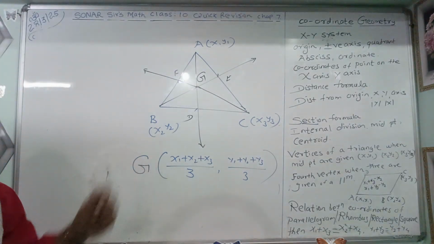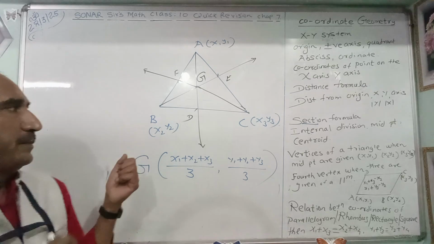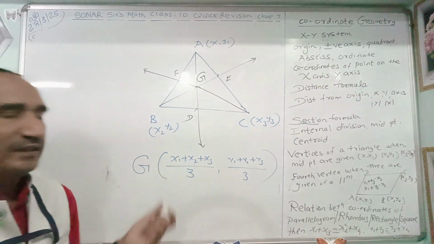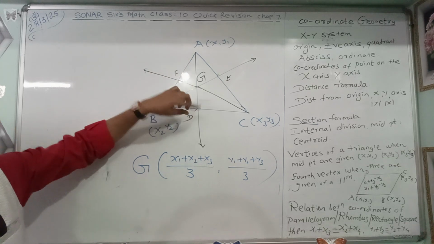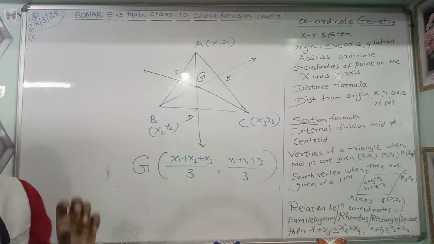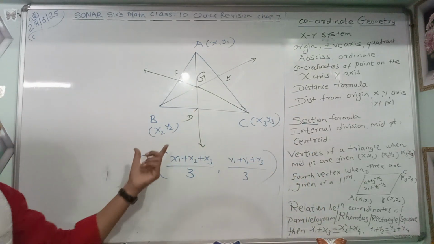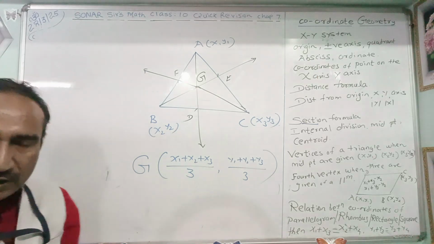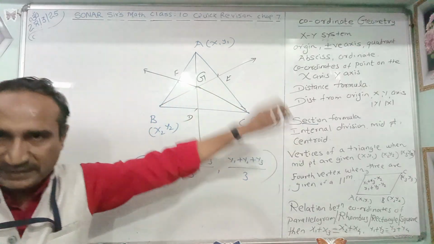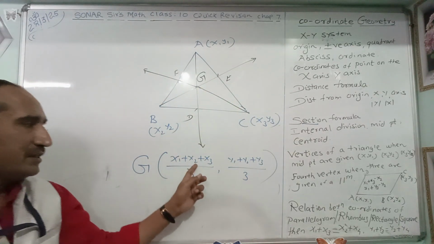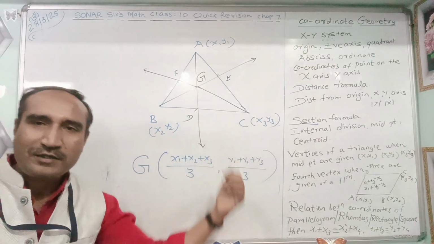Again, the derivation is not shown, but for study purposes I'm telling you the proof is done by using the fact that the centroid divides the median in the ratio 2:1, and by using the section formula for internal division we can derive this relation. The coordinates of the centroid when the vertices are x1, y1, x2, y2, x3, y3 are (x1 plus x2 plus x3) upon 3, (y1 plus y2 plus y3) upon 3.